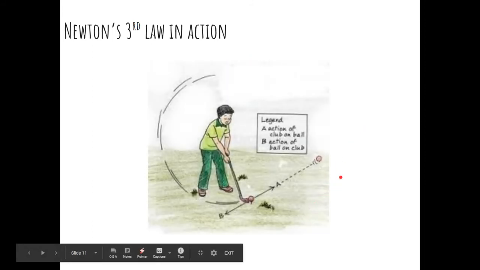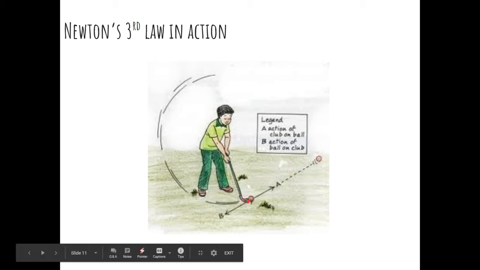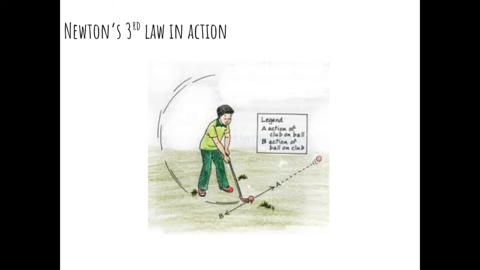Golfing. You don't realize it, but the golf ball and the club feel the exact same force. Yet the golf ball goes 200 yards, 300 yards, whatever, maybe 100, maybe 5 feet. But why is it that the ball moves even though the force on the club is the same? Well, the club is attached to you. You have muscles, and you're way heavier than the ball, and you're also anchored to the earth.